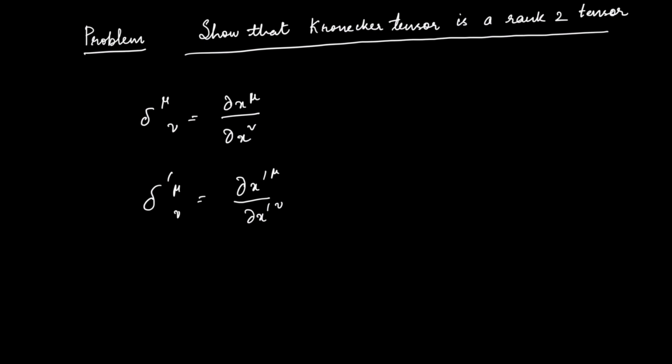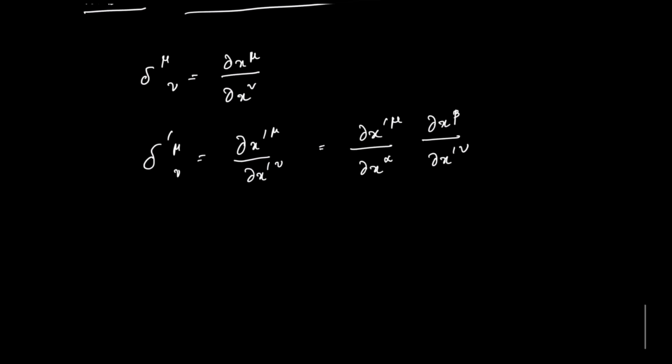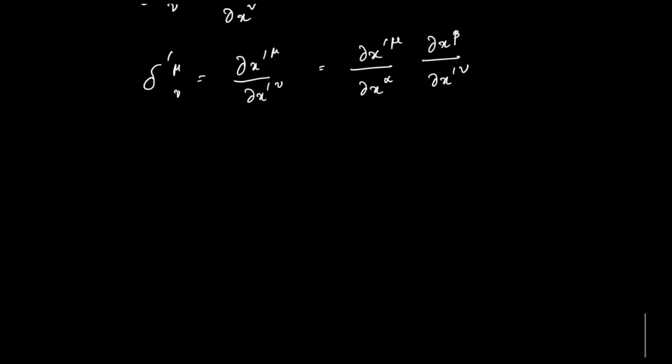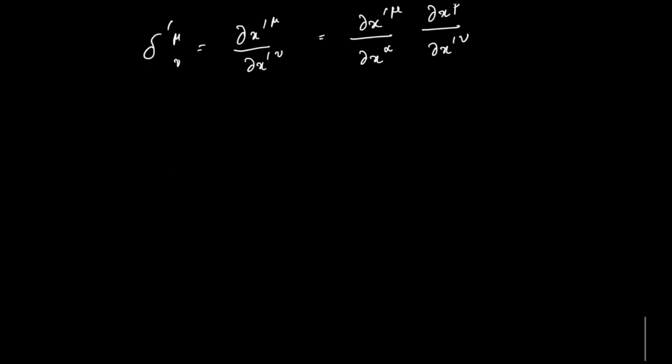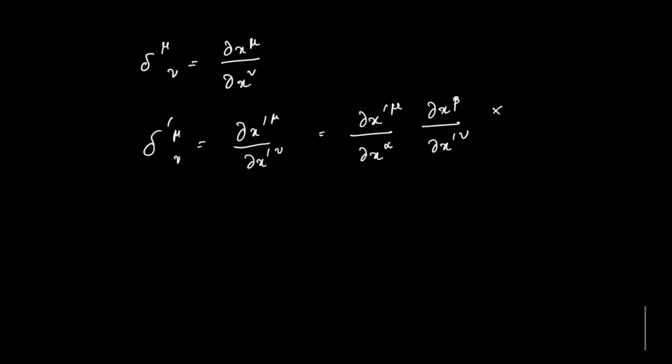Now I can multiply by the partial derivative of x'^μ by x^α and x^β by x'^ν, and I also multiply by x^γ and x^γ.